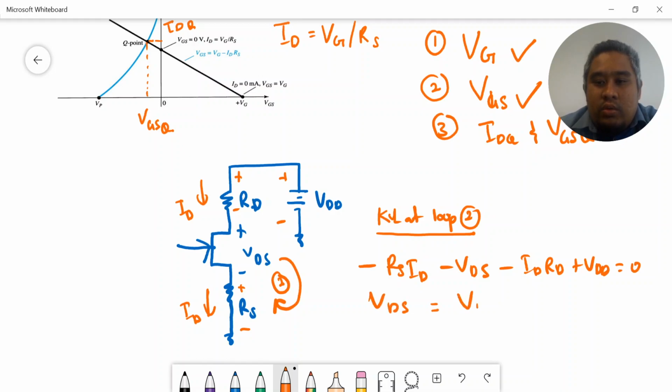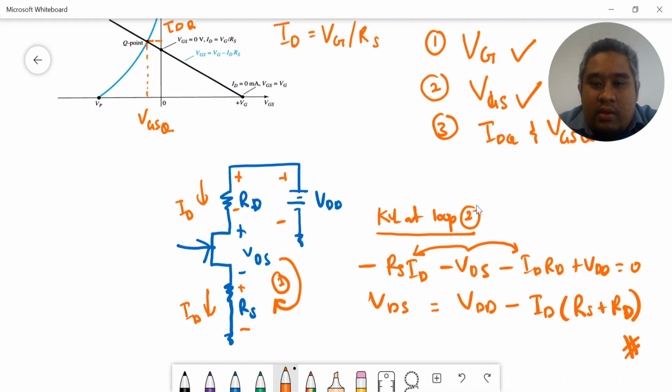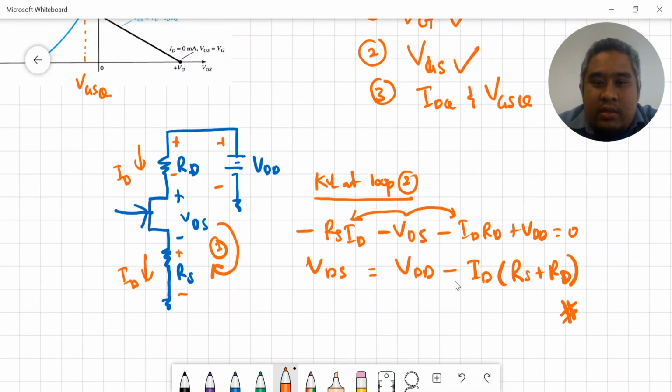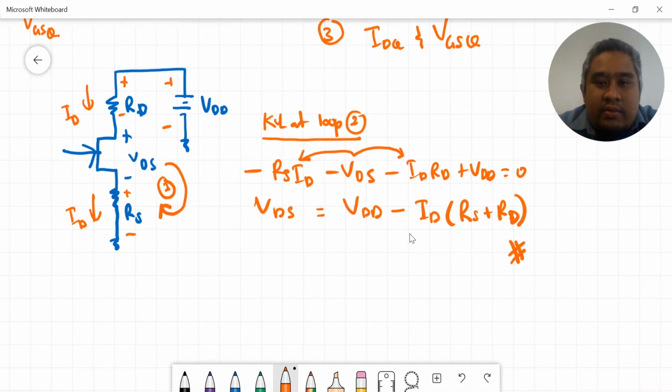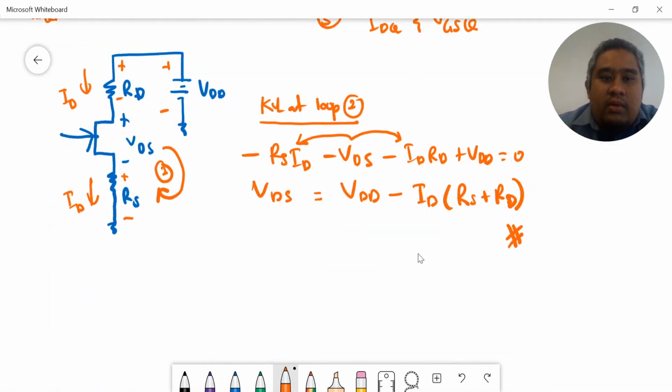equal to VDD minus ID. This one we can combine, and then RS plus RD. Okay, so settle this part. Alright, and next we can find VD.